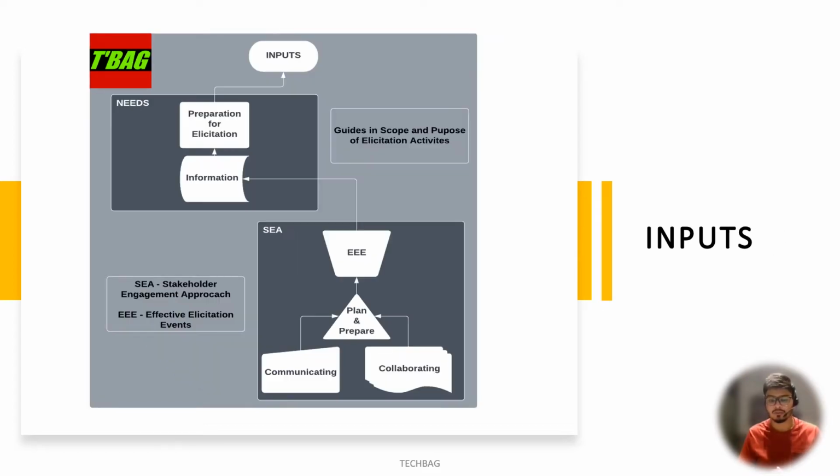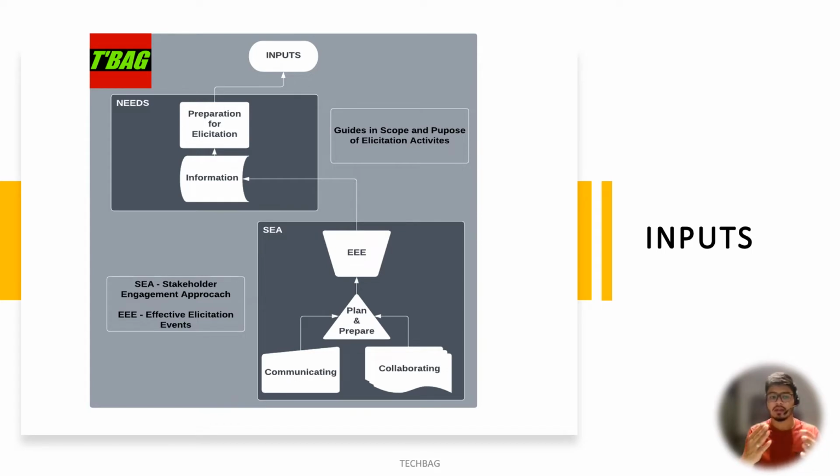Coming to the inputs, what do you need as an input when you're preparing for elicitation? When you collaborate or communicate with a stakeholder, you follow a plan: I need to do it this way so that I get this information at a particular point of time. That is done multiple times to get the exact amount of information from a stakeholder.